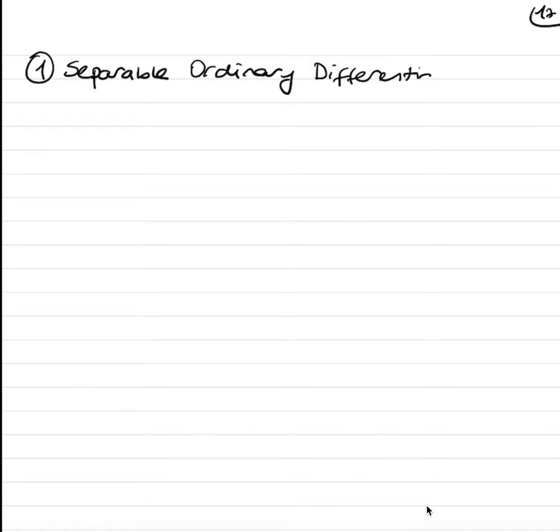So we can start now. Oops, why is there no fun stuff? So finally we can start solving some separable ordinary differential equations. So really it is going to be fun.